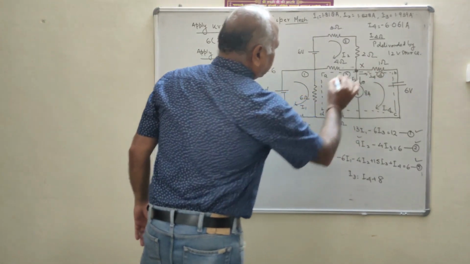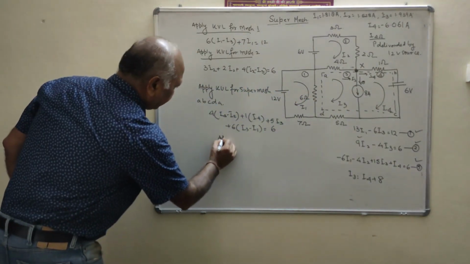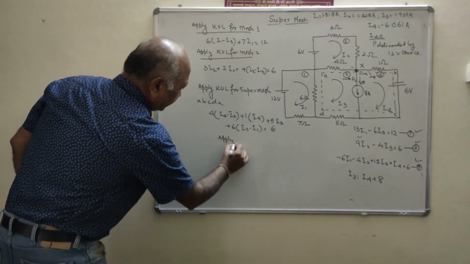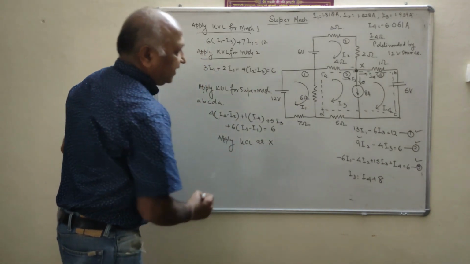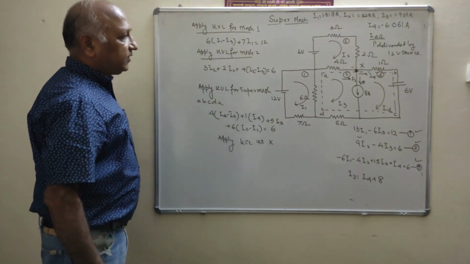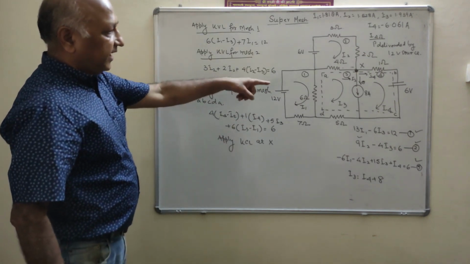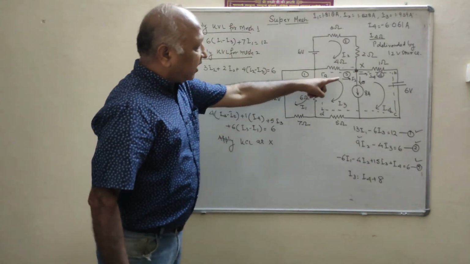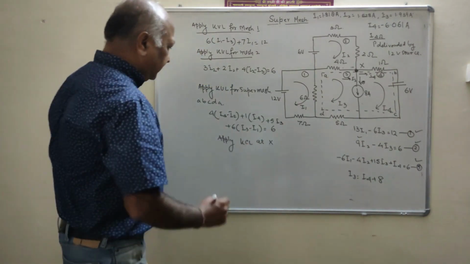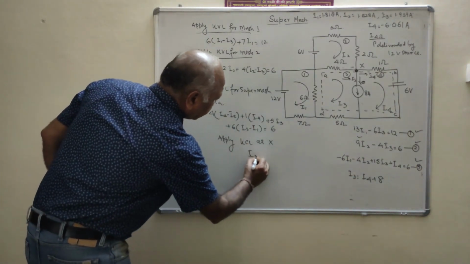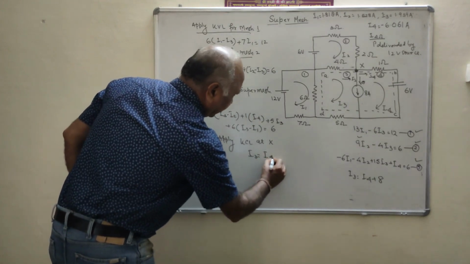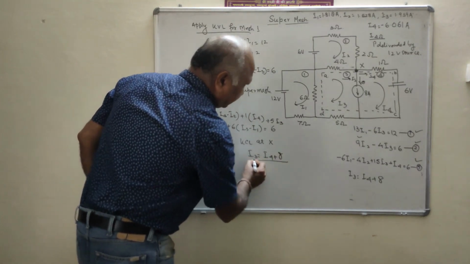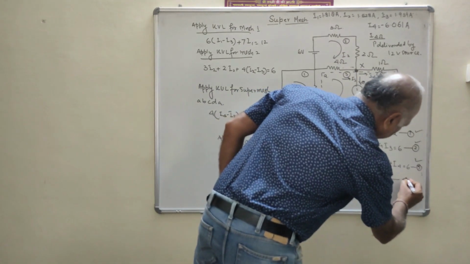Say this point is X. Apply KCL at X. Incoming current is equal to the outgoing current. What is the incoming current? I3. Then I3 is equal to I4 plus 8. And this is equation number 4.